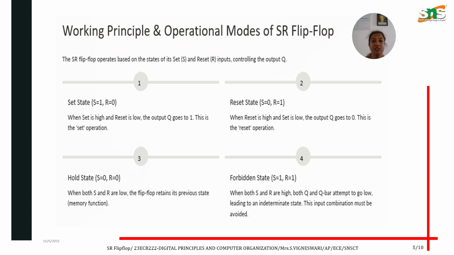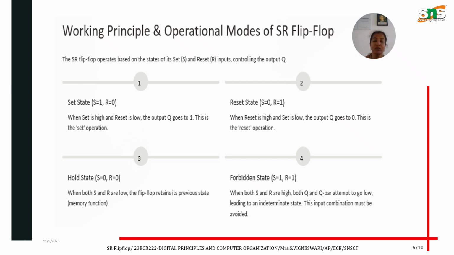Since the sequential circuit consists of a memory, it is able to know the previous state also. Hence, under the 0 0 condition of an SR flip-flop, we refer to that as a hold state, which means with both S and R in the low state, it retains whatever value exists in the flip-flop memory as such.